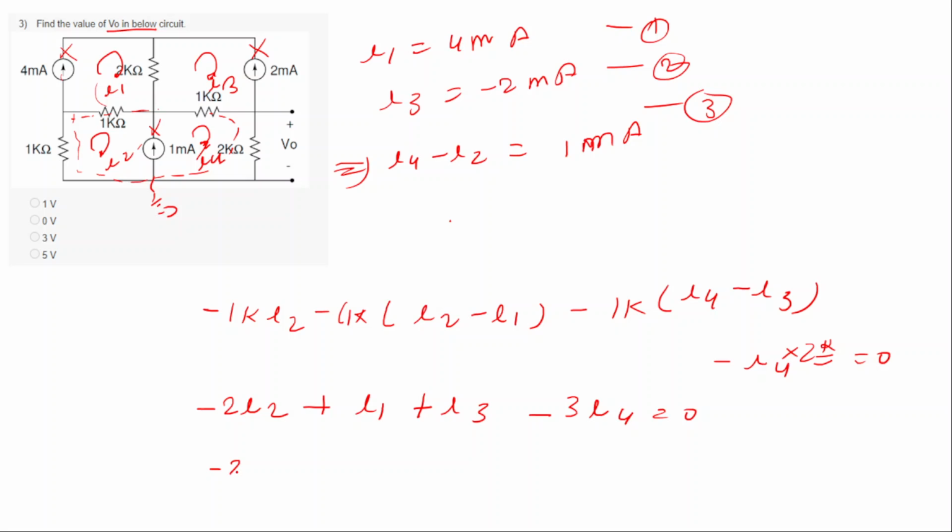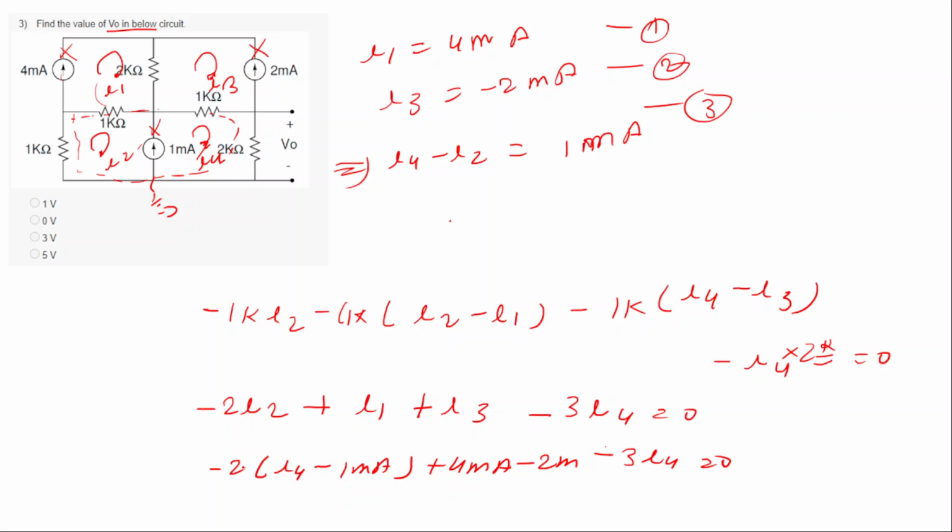So minus 2 times (I4 minus 1 milliampere) plus I1, which is 4 milliampere, plus I3, which is minus 2 milliampere, plus minus 3I4 equals 0.